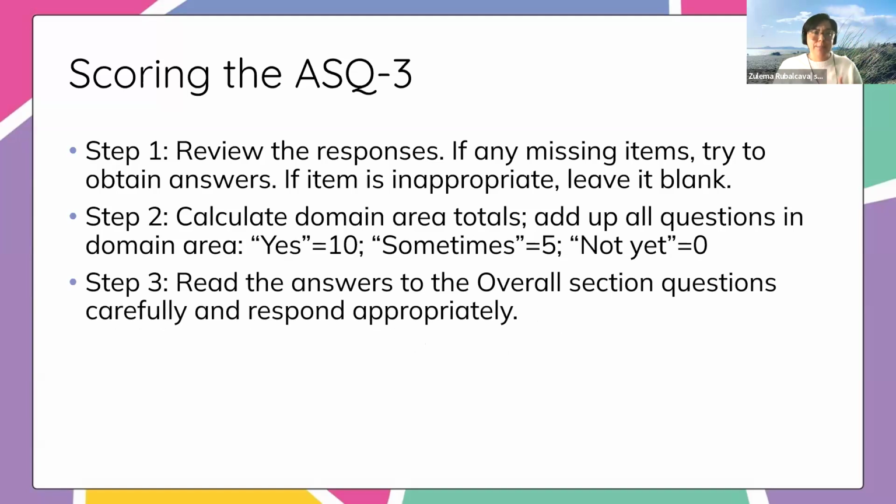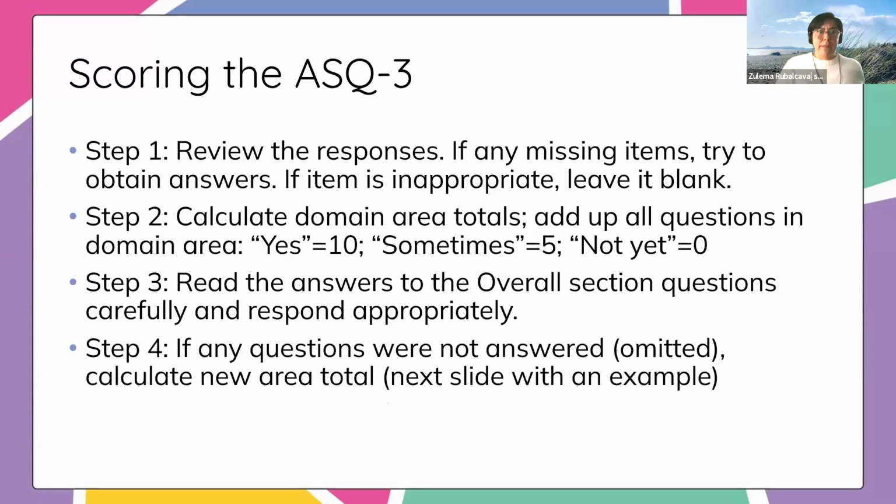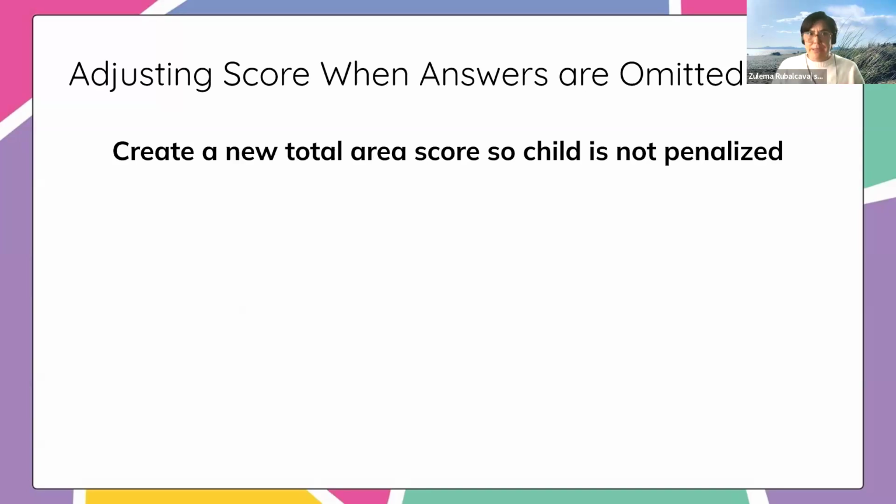If there are, you might want to take some notes so that you can respond to those concerns. If there are questions that weren't answered and it's really difficult for you to get the information, or if the family says it's inappropriate, then we also want to calculate a new area total, and we're going to do that together right now, right?